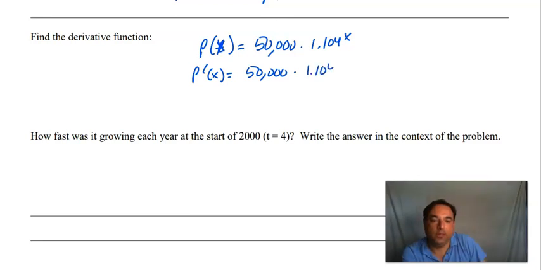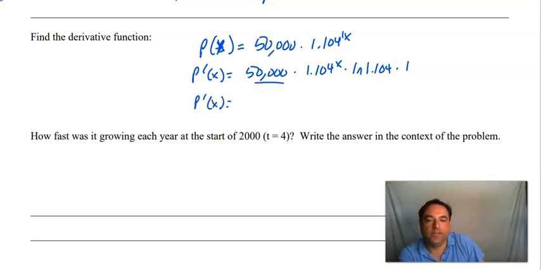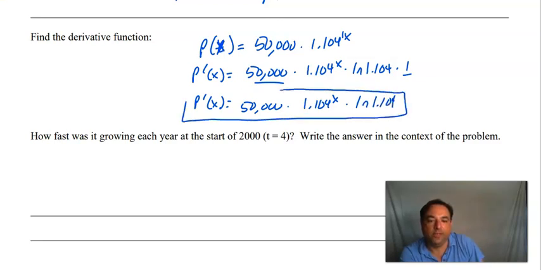Step 1, rewrite it. Step 2, ln of the base, 1.104. Step 3, derivative of the exponent. Derivative of 1x is just 1. So when I clean that up, 50,000 times 1 is just 50,000 times 1.104 raised to the x times ln of 1.104. So we found our derivative.